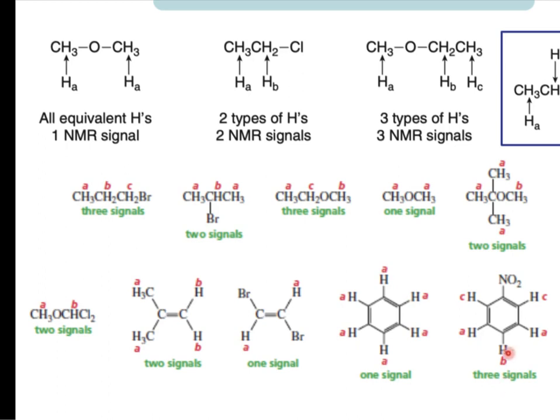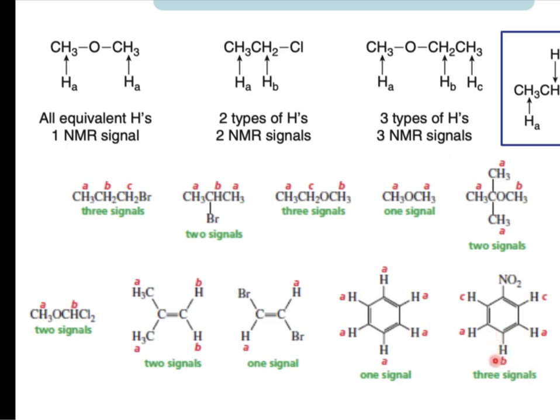This one is an aromatic compound with a nitro group. The proton which is near the nitro group has a different chemical environment, and the proton which is away from the nitro group has a different chemical environment. So it depends upon how far these protons are. The proton near this nitro group has a different chemical environment. That's why it is one type of signal. This one, a little bit away from the nitro group, has a second, different chemical environment compared to this proton.